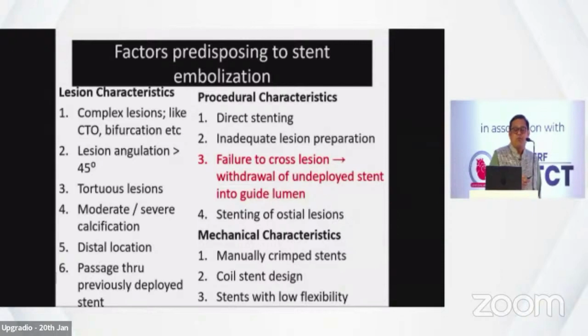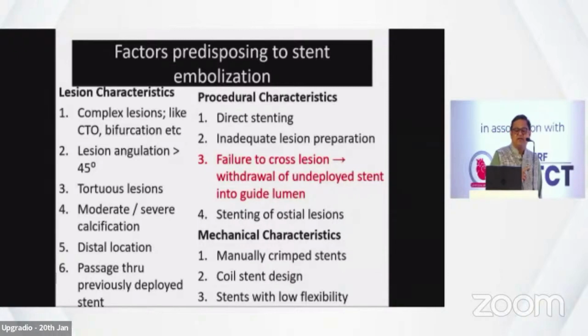Whenever you treat complex lesions like CTOs and bifurcations, or when there is large angulation, a tortuous lesion, presence of calcium, or a very distal location, or most importantly, if you have to cross an already deployed stent to pass a new stent, that is the area where embolization is very likely to happen. So if you have a pre-stented area, be very, very careful with it.